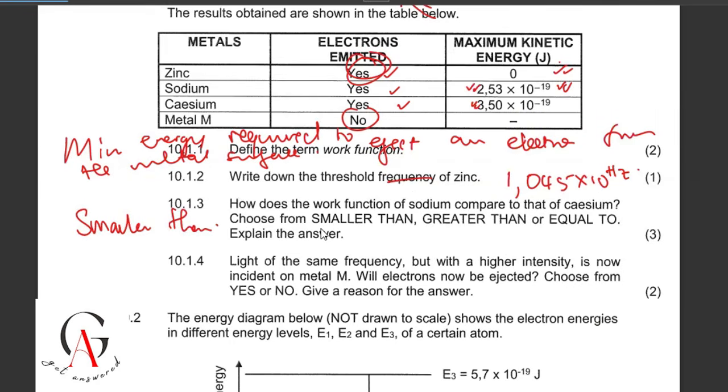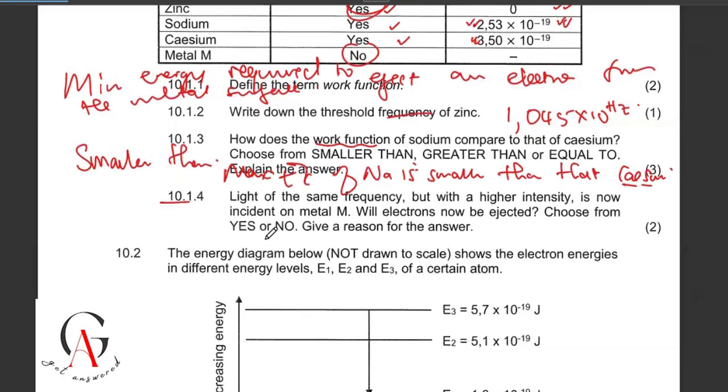But the question is asking about the work function, not the sodium. Yes, both are going to emit the electrons, which is true. But what we need to say is that the maximum EK of sodium is smaller than that of the calcium. Okay, so that is that.